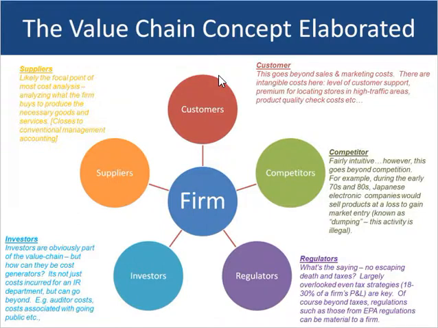This is a mapping of how the value chain concept comes into play. Starting with customers, what type of customer support do you want to render as you launch products? If you're a company like Google, you may rely heavily on a self-service model, and even Microsoft relies really heavily on a self-service model compared to, say, Apple stores.